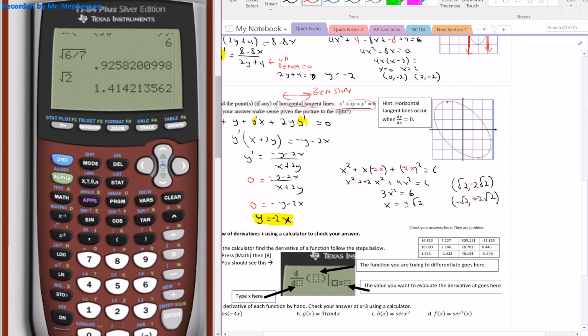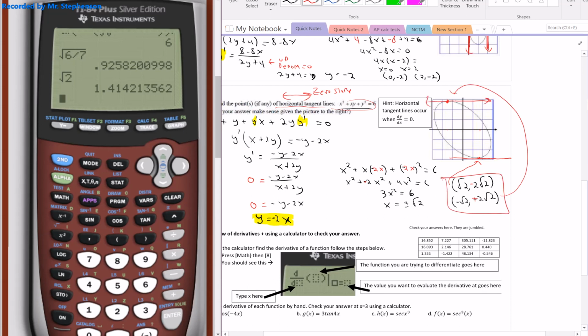Then I should go down negative 2.8. Down there, at that point, there's a horizontal tangent line. And then if I go left 1.4 and up 2 times 1.4, then I have a horizontal tangent line right there, which is this point.